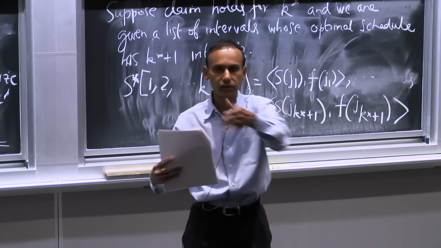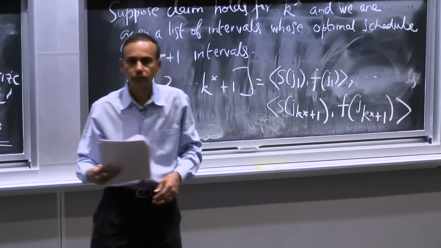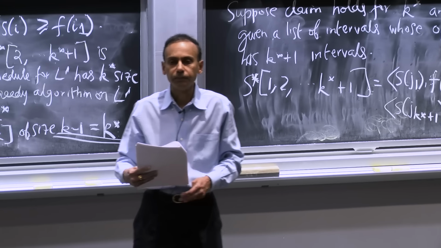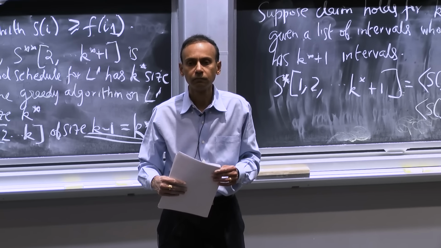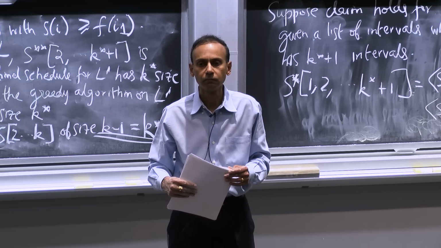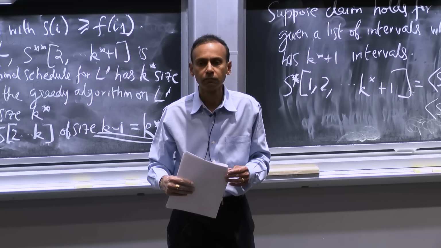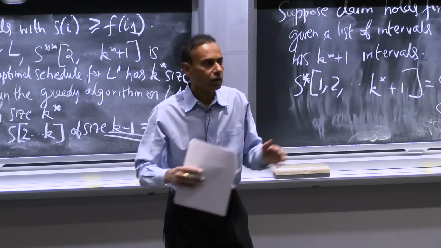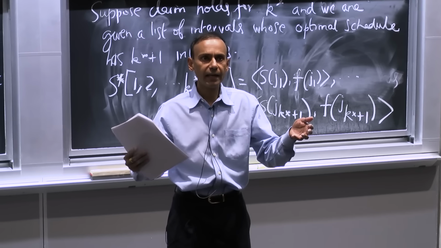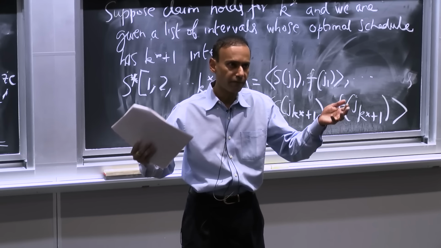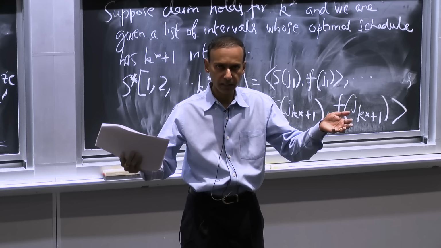Someone who hasn't answered, go ahead. So you're looking at every pair of i's and j's. Well, not all of them are going to be valid, there won't be intervals associated with them.